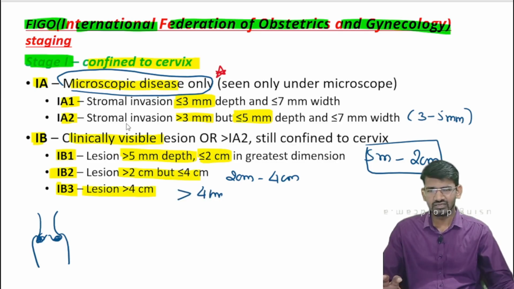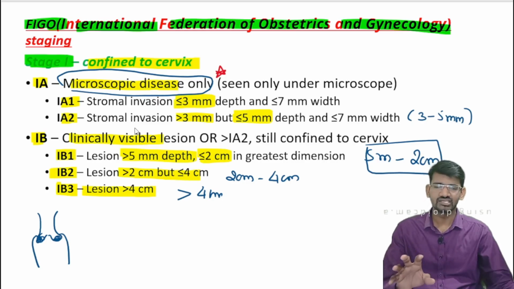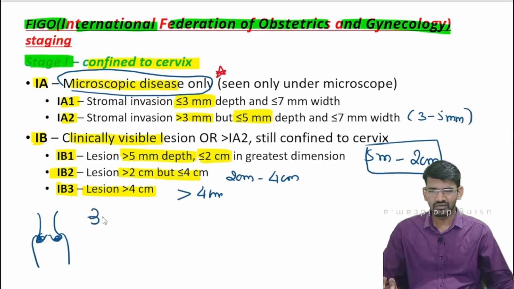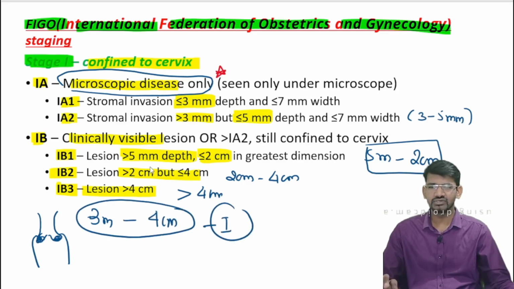If you make a concise summary of stage 1, the size basically varies from 3 mm up to a maximum of 4 centimeter or more.